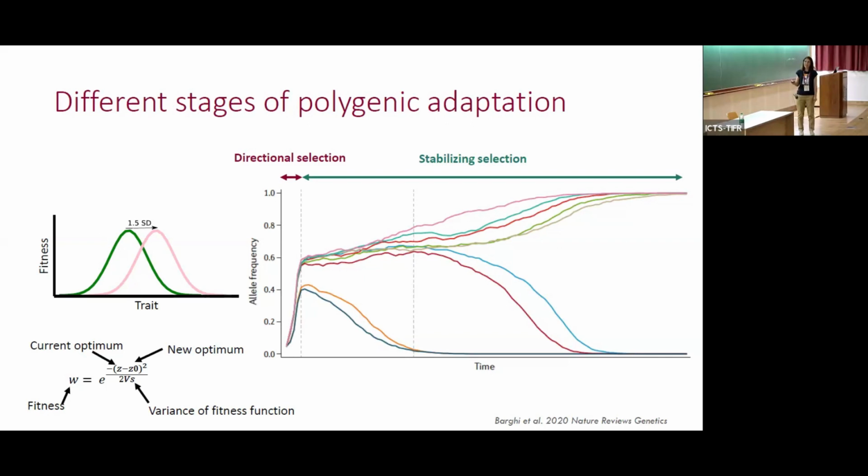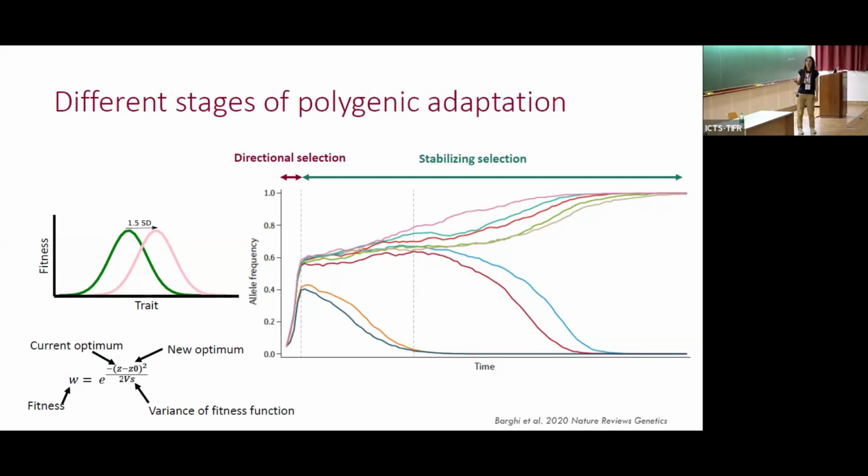Dividing the adaptation process into directional and stabilizing selection is important because it allows us to study the allelic dynamics under stabilizing selection, which may not really happen in nature because the environment might be constantly changing.